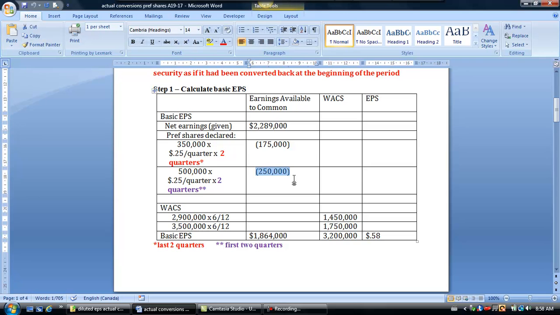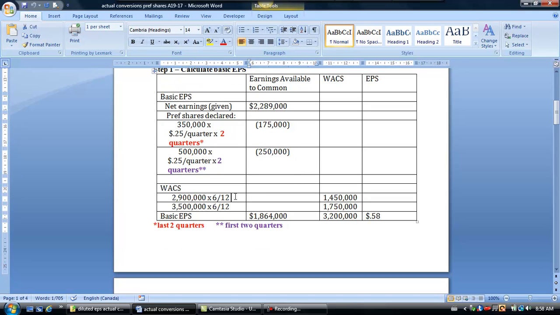Now I need to take that information into account to calculate my WACC, because when I do the math here, I'm going to wind up with earnings available to common after I satisfy the needs of the preferred shareholders that remain at the end of the 2 quarters, and the needs of the preferred shareholders that existed pre-conversion date, $250,000.